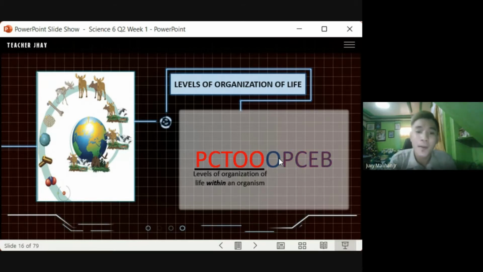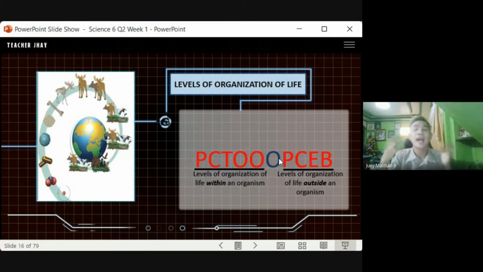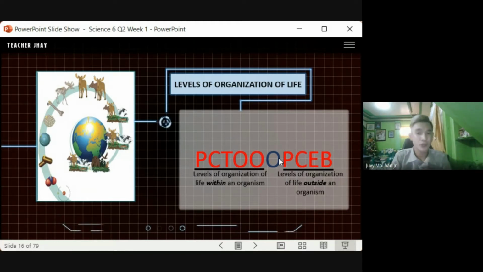We have PCEB, that is population, community, ecosystem, and the biosphere. So those are the levels of organization of life within and outside an organism. Again, life begins with a protoplasm.